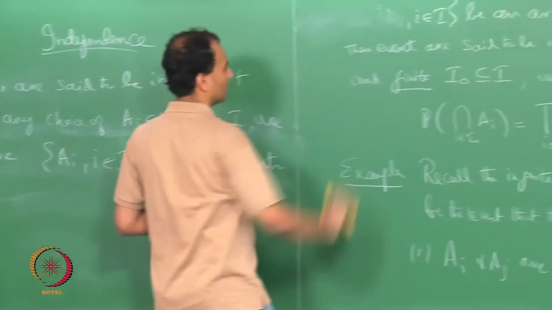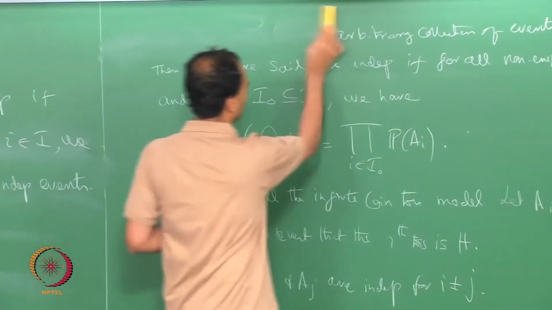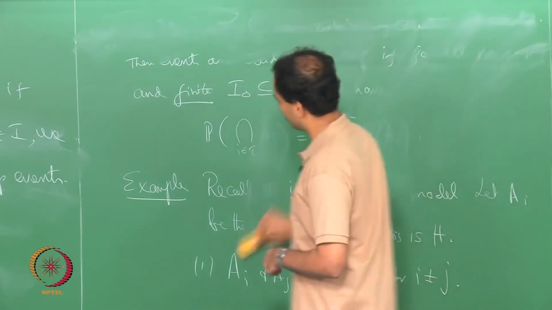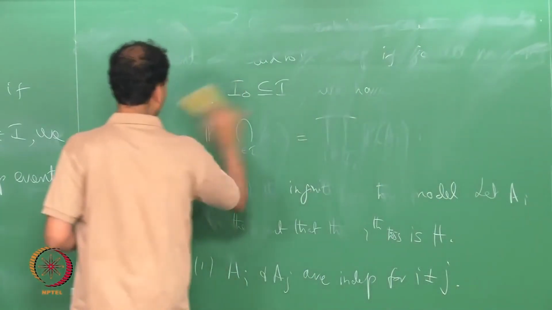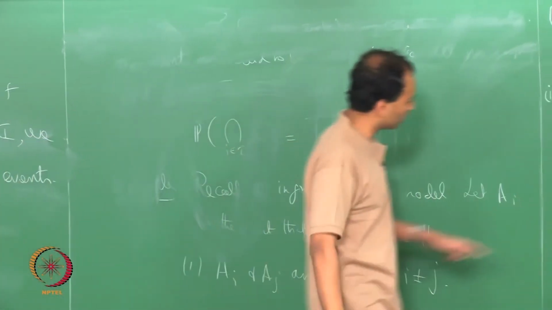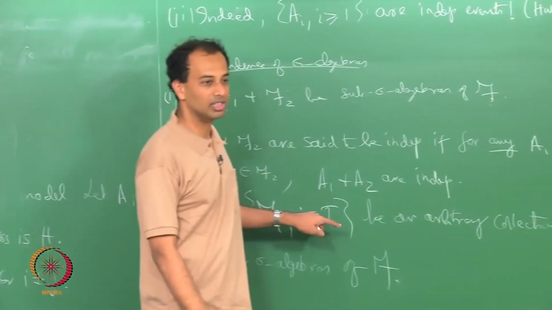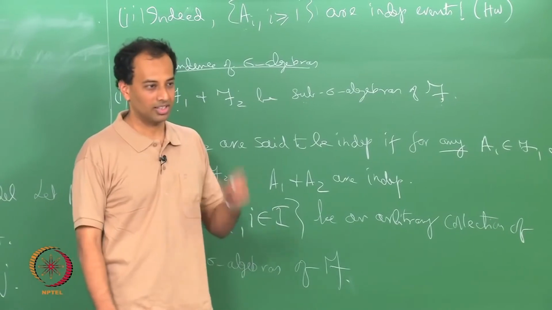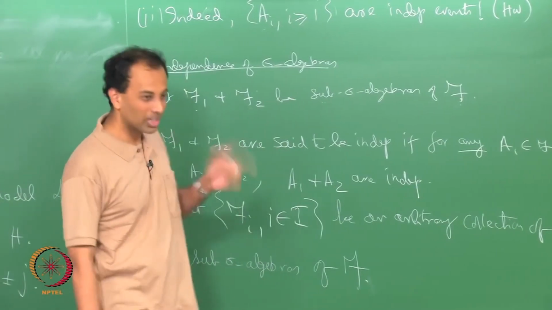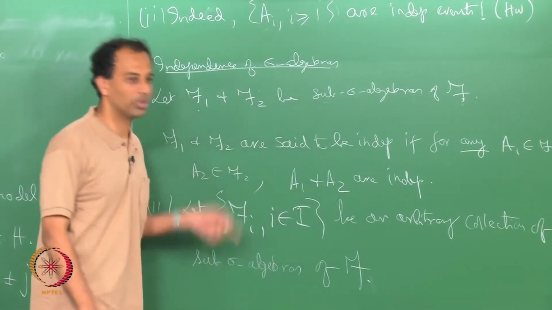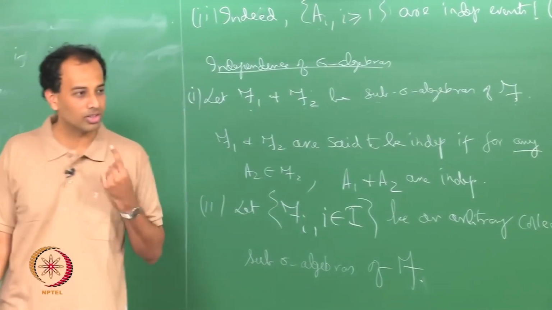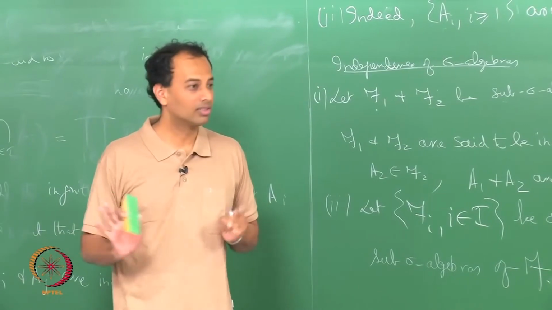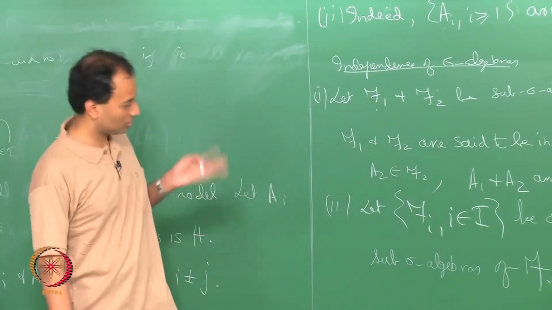So, let me just give an example. So, I just want to make one general remark which may not be so relevant to you. See, you are given some arbitrary collection of sigma algebras, right, it may even be an uncountable collection of sigma algebras, right. The fact that you can pick one, so what am I doing? I am picking one Ai from each of these Fi's, right, but if this is an uncountable collection, can I even do it, right. So, this is called the axiom of choice.